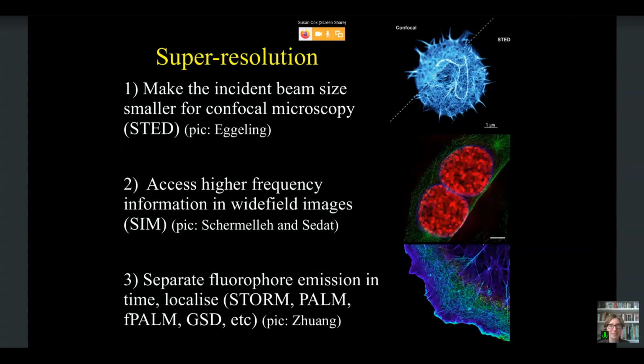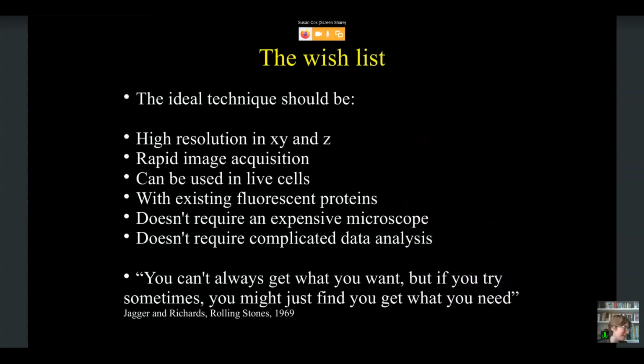Now, when I came to the Randall, which is where Reiner and I were at the time and where I still am, I was very interested by what this new technique could do for cell biology. And so I went round to various cell biological colleagues at the Randall to ask them, what should we be doing as microscopists to try to get a better technique that can answer your questions?